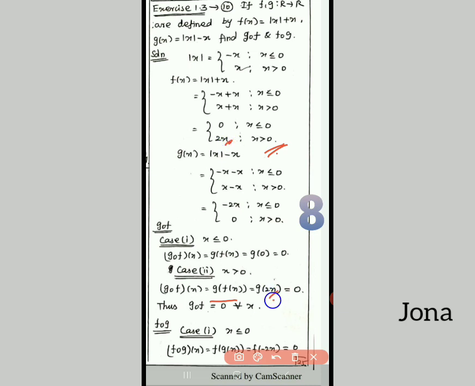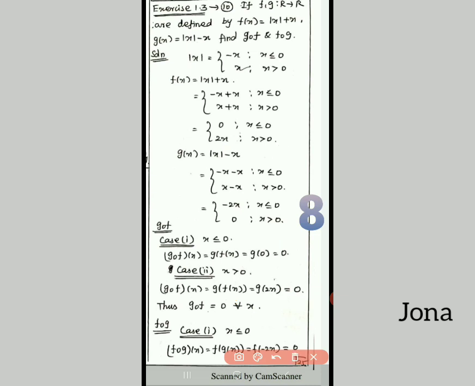So take 2x here, and then we come to g of 2x. For g of 2x, we have to see the condition x greater than 0 only. So here I got 0. So g of 0 is 0 here. Instead of x, I want to substitute 0 here so that the value will be 0.